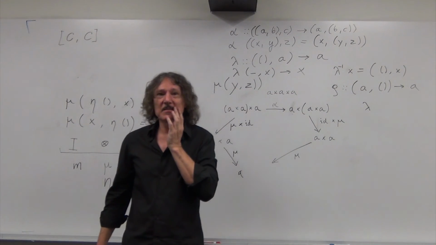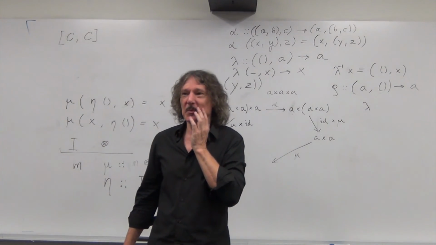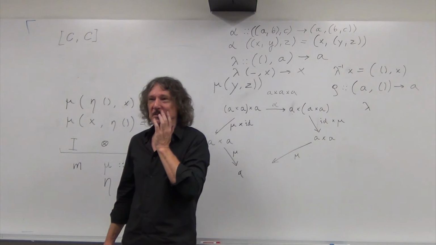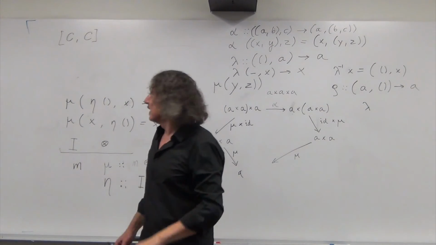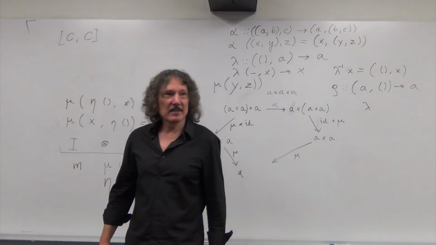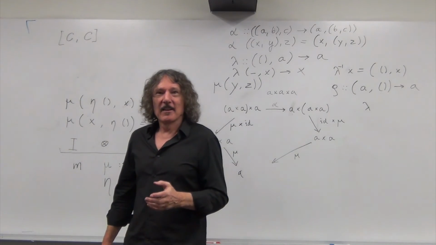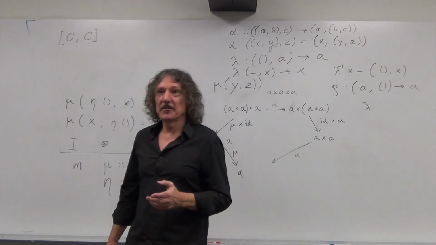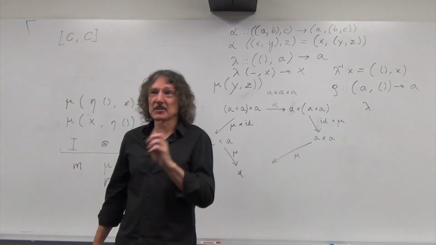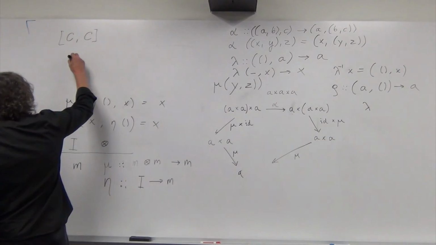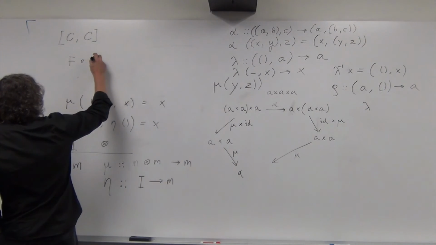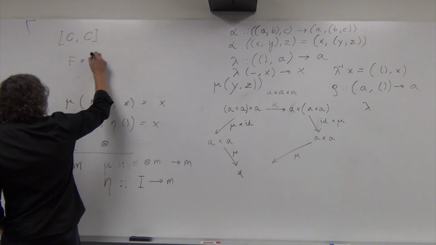Now, what is the tensor product that we can come up with in this category of endofunctors? There's one very natural tensor product, namely composition of endofunctors. Any two endofunctors can be composed, right? So if we have an endofunctor f, we can compose it with endofunctor g.